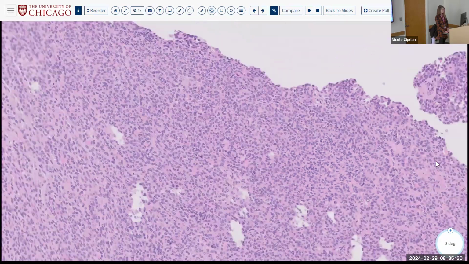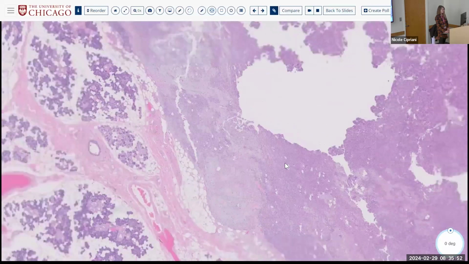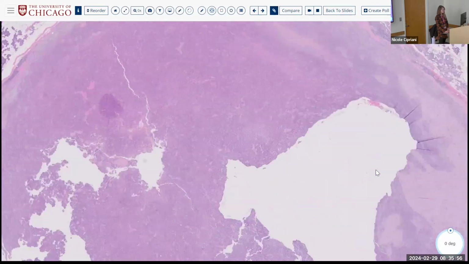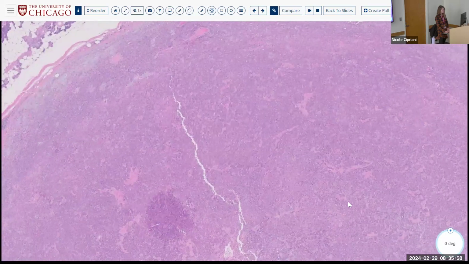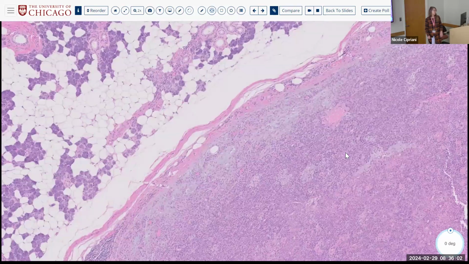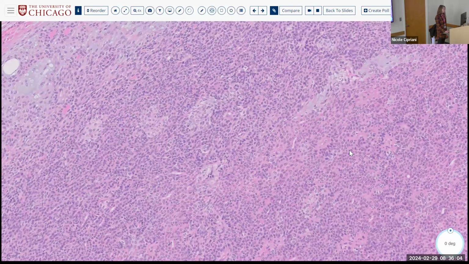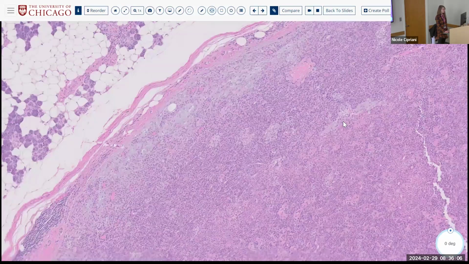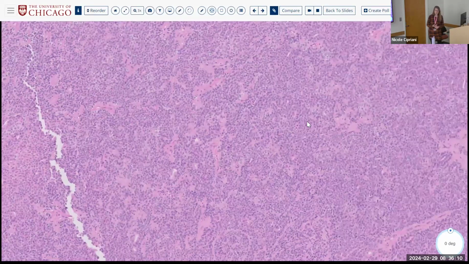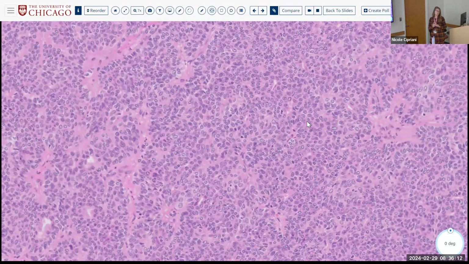So of our biphasics, which one is this? Pleomorphic adenoma. And I'm not trying to trick you. Yeah, this is just a cellular pleomorphic adenoma. Exactly. So don't be fooled by the rich cellularity. Some people call these cellular. Some people call them myoepithelial rich because that's what they are.